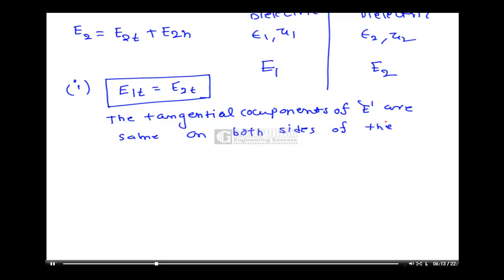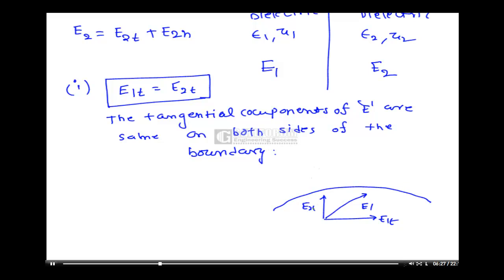Suppose this is E1, this is E1T, E2T, suppose this is E2, E2T, E1, E2N. So E1T is equal to E2T. That is the first boundary condition to be satisfied.